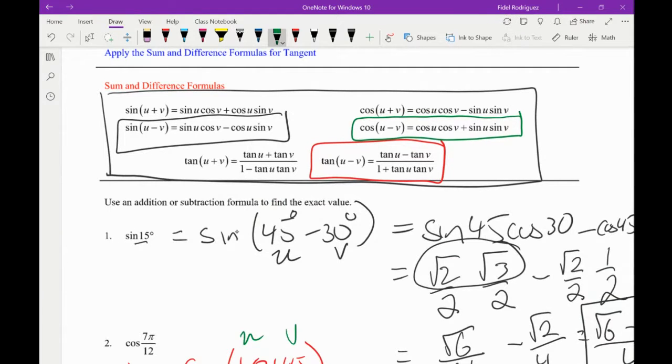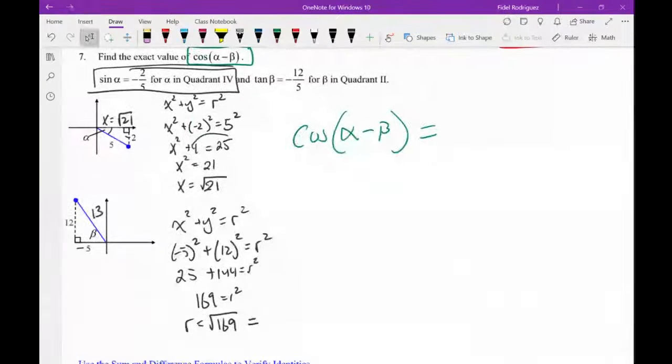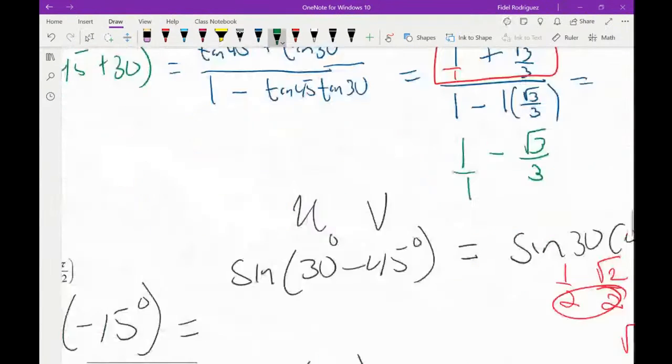The cosine of a difference says it's going to be the cosine of the first, cosine of the second, plus the sine of the first and the sine of the second. So it should be cosine u, cosine v, plus sine u, sine v. So let me come back over here. This should be the cosine of alpha, cosine of beta. Oh man, I already forgot. Was it minus or was it plus?